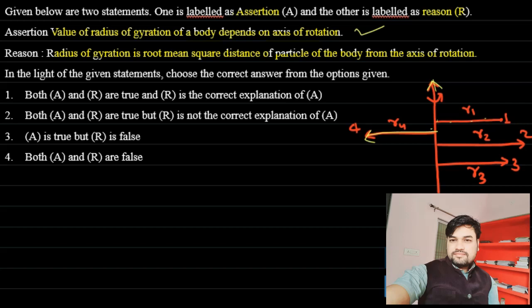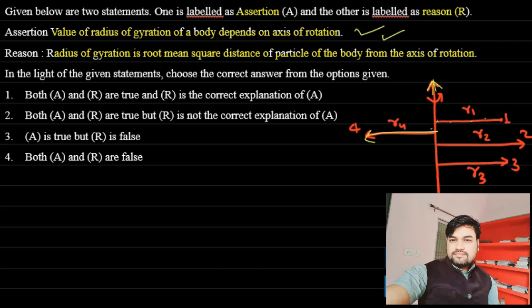From only the axis of rotation we can find the distance of the particles. So radius of gyration depends on the axis of rotation.